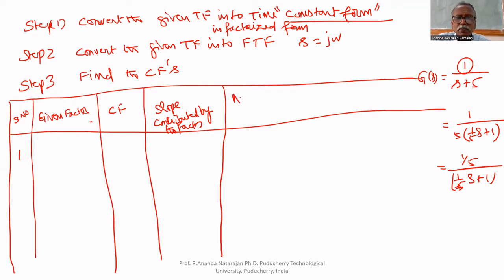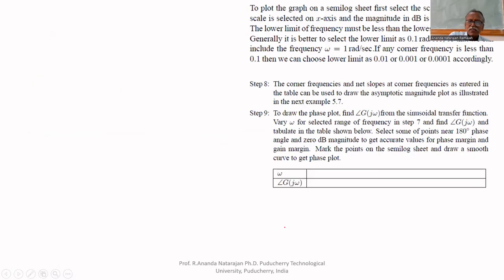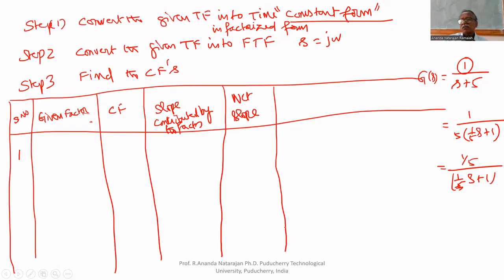Then the net slope. As the corner frequency increases, what happens? The previous slope is added to the next slope. That's what we have seen, though the diagram is not there. So initially it is minus 40 dB.